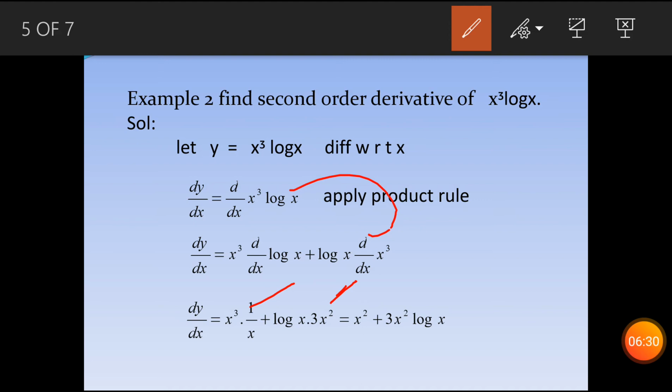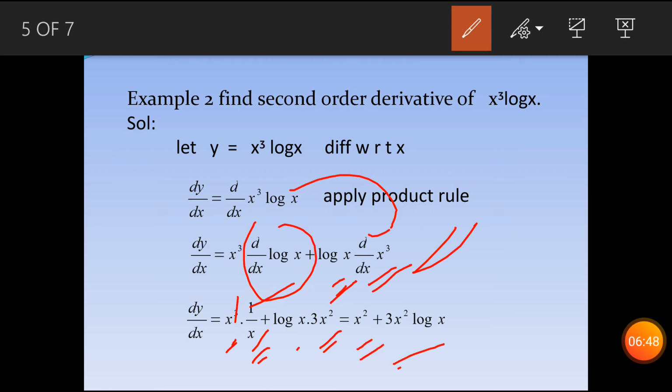Very easy, we have simply applied the product rule. Now x cube as it is, and d over dx of log x, we know the formula, that is 1 upon x, plus log x, and d over dx of x cube will give you 3x square. One of the x will be cancelled here, so you will get x square plus 3x square log x. So this is the value of dy upon dx.